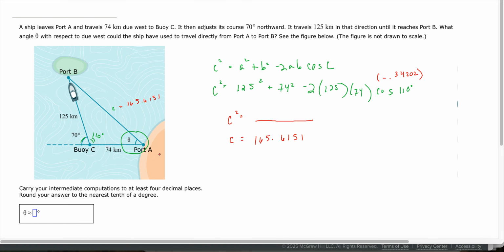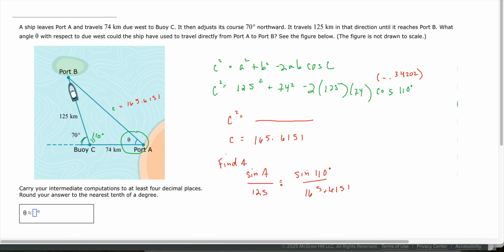So now I have enough information to set up law of sines. We want to find angle A. So I can say sine of angle A, or theta, whatever you want to call it, over the opposite side, 125, is equal to sine of C over side C. So sine of 110 degrees over 165.6151.